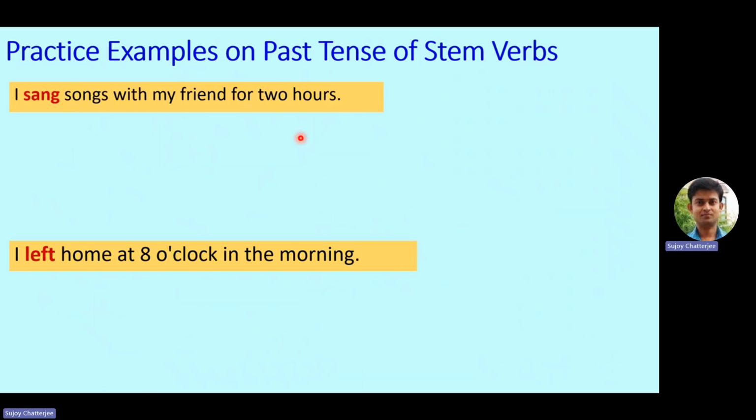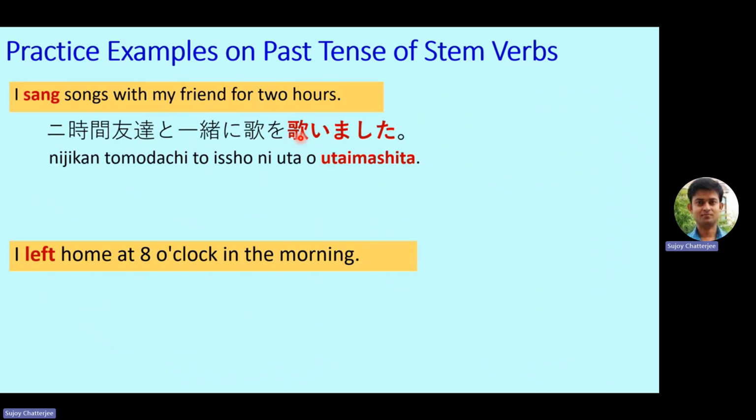Next is I sang songs with my friend for 2 hours. 2時間 tomodachi to issho ni uta o utaimashita. 2時間 means 2 hours. As you know, we did this, jikan, so you know that very well. Tomodachi to issho ni means with my friend.